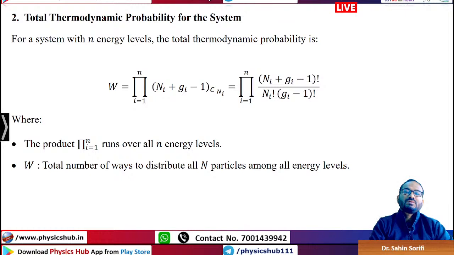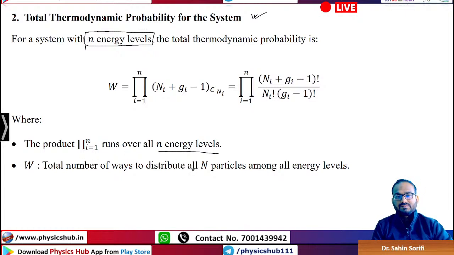Total thermodynamic probability for the system for n number of energy levels will be, this is for a single level, and if you take the product i equals 1 to n, that will give you the total thermodynamic probability for the system. The product runs over all the n energy levels, and W is the total number of ways to distribute all the n particles among all the energy levels. This is very straightforward. You need to remember this.